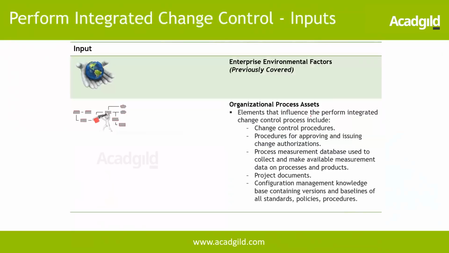When we look at OPA, some of the things that we refer to are the change control procedures that were already implemented, procedures for approving and issuing change authorizations, the process measurements that we do, project documents, and the configuration management knowledge base containing versions and baselines of standards, policies and procedures, so as to ensure that we take the latest version of it. These are the things that we look for in your repository.